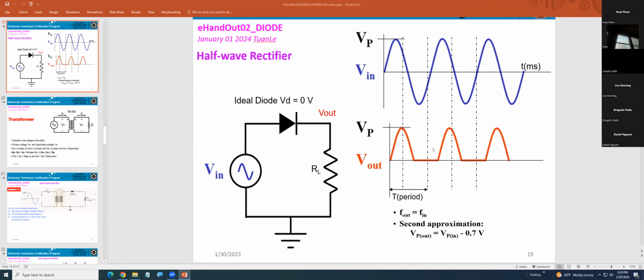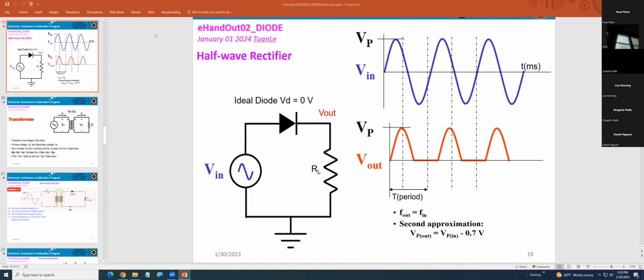The only thing is, if the diode is not 0 but 0.7, then V peak out will be equal to V peak in minus 0.7. So let's say V in is 10 volts. That's V peak, right?